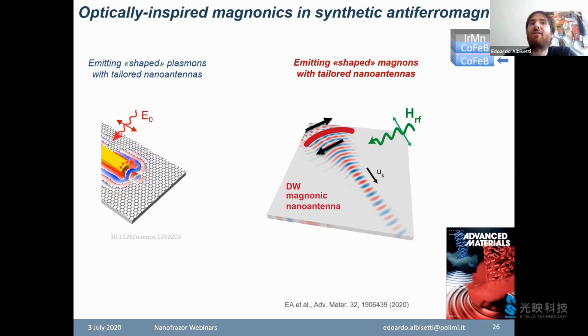So instead of having a gold rod as an antenna, we have a domain wall in this particular material. And this is exactly a curved domain wall where the magnetization on the top part of the chip points towards the right, and on the bottom part of the chip points towards the left.